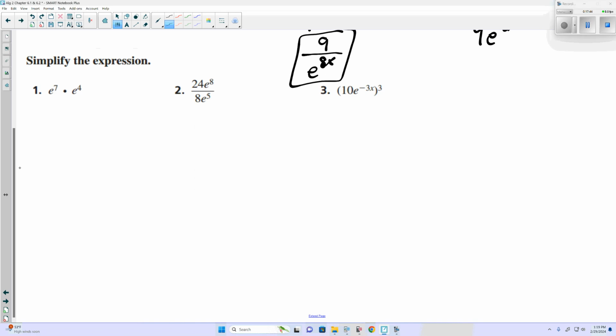e to the 7th times e to the 4th would be? Take a guess. I think you have it, but you're second guessing. It's the same as saying x to the 7th times x to the 4th, which would be 11.